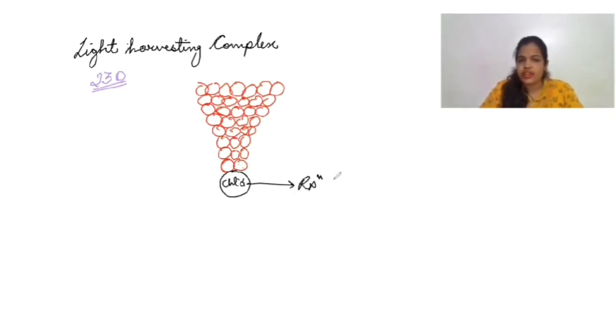All other molecules which are present in the complex are known as the receptors or antenna molecules. We'll use blue color to show the photons of the light. So, suppose these light photons are falling here.